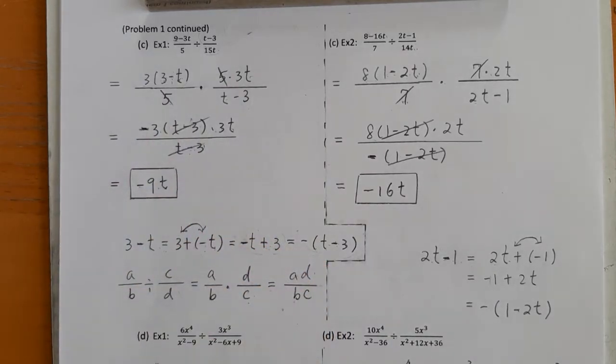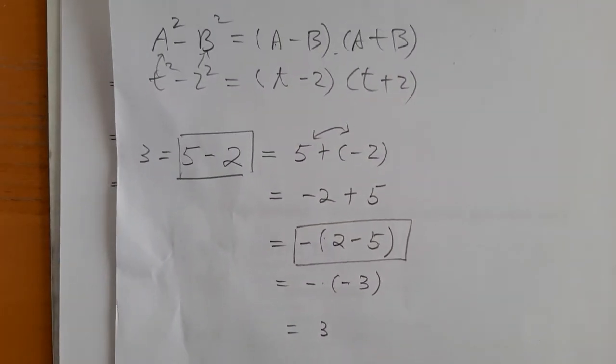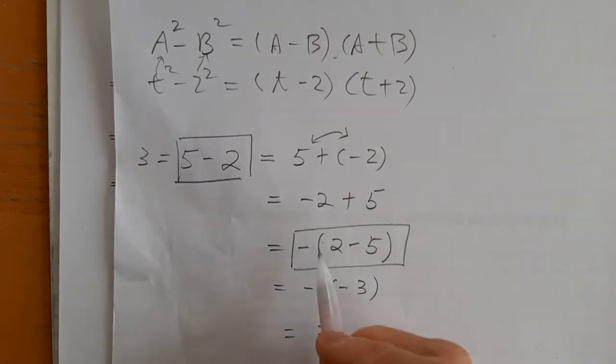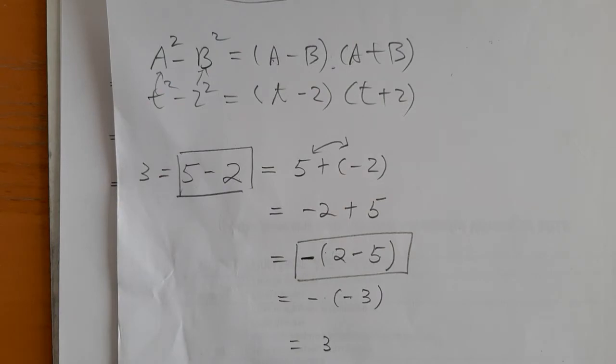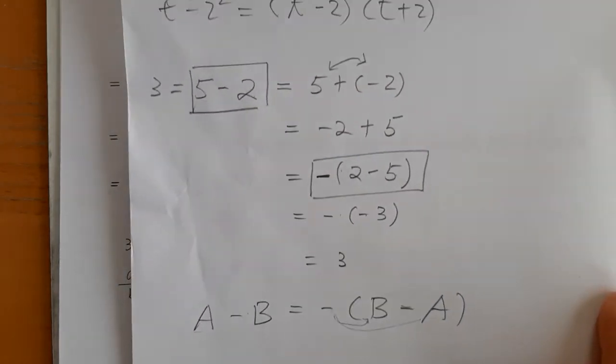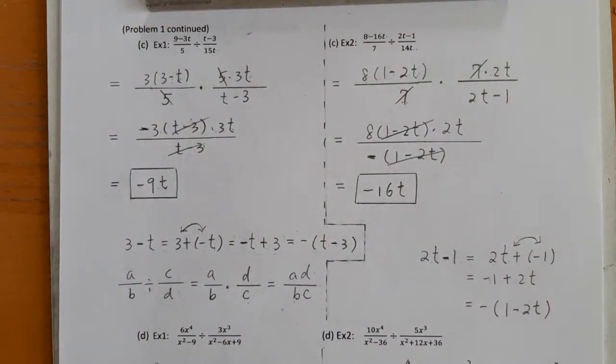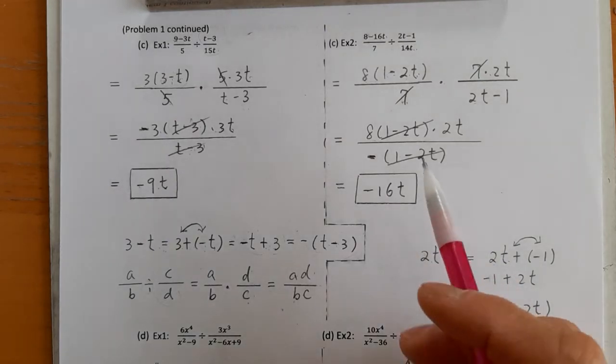And just like this one, 5 minus 2 is equal to a negative sign in front, with parentheses, 2 minus 5. So the quick way, you don't have to do these details. You can do the quick way if you can memorize it.